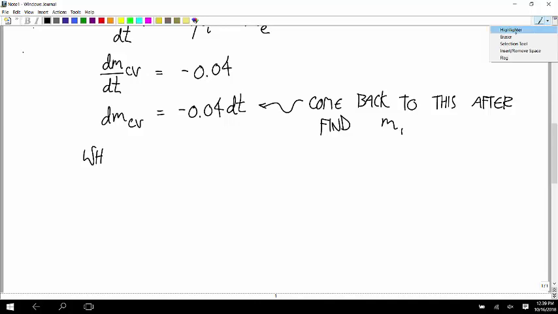Okay, so to find the mass at state 1, we know that the volume, and it's a fixed tank, we're given that volume, is equal to mass 1 times the specific volume at 1.